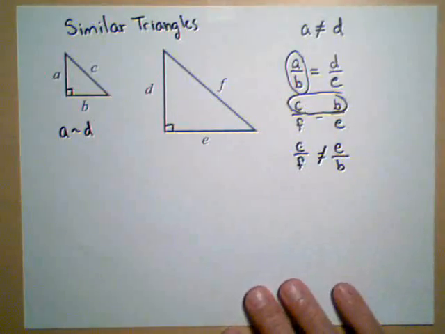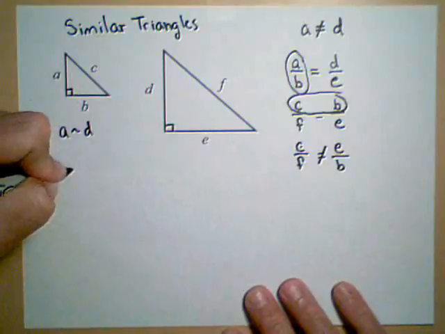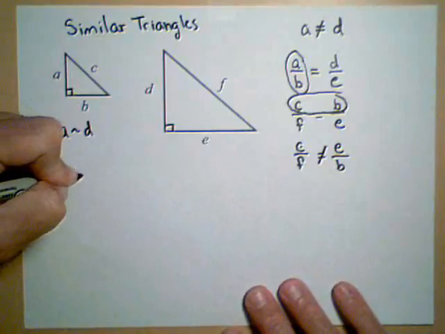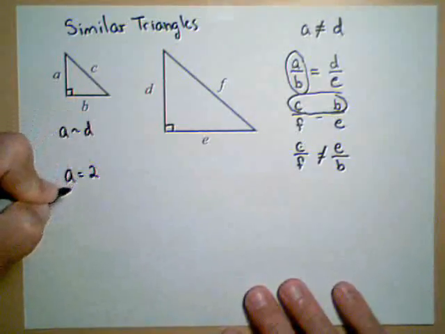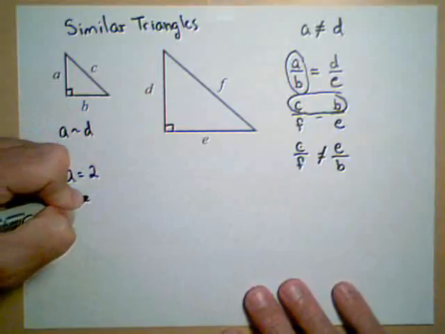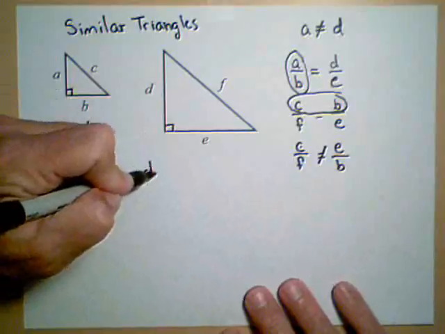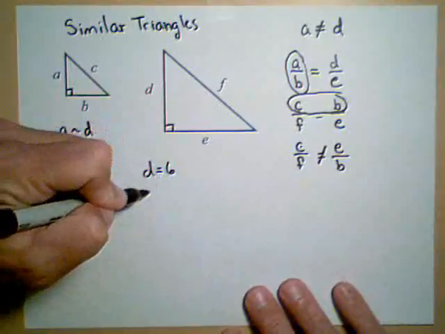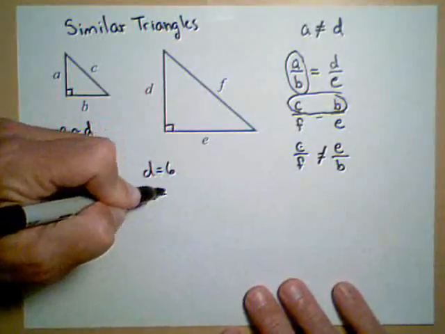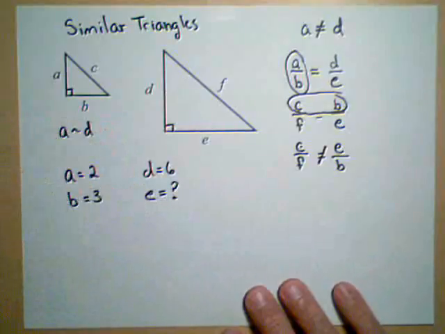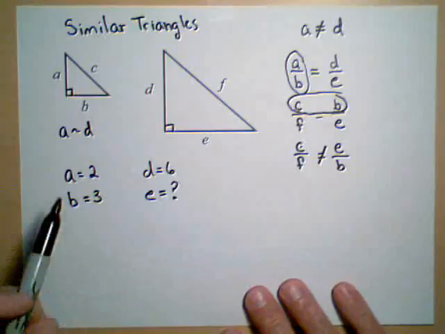Now how this works, let's give these some sizes. Let's say that A equals 2 and that B equals 3 and D equals 6, and they want to know what E is equal to. This is how we would set up this problem.